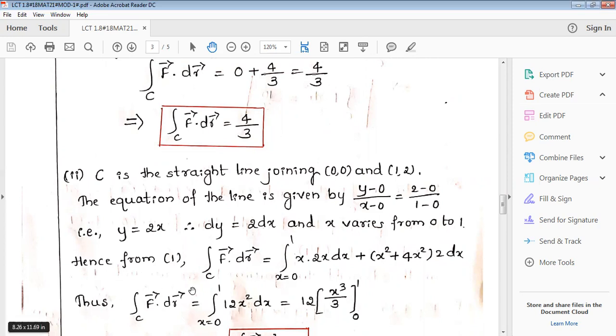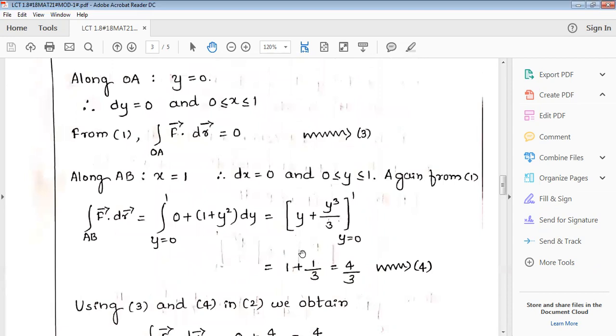So from equation 1, the integral over C of F dot dr is equal to the integration from x equal to 0 to 1. Now, what is F? Wherever y is there, we put 2x.